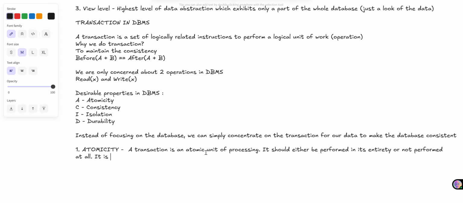It is the responsibility of the recovery control manager or transaction control manager of the DBMS to ensure atomicity.